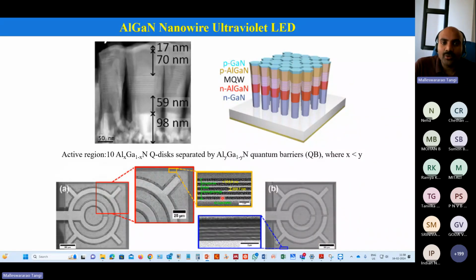These are aluminum gallium nitride nanowires, which have multiple quantum wells, basically multiple quantum disks, with higher aluminum composition as barrier and lower composition acting as quantum disk.